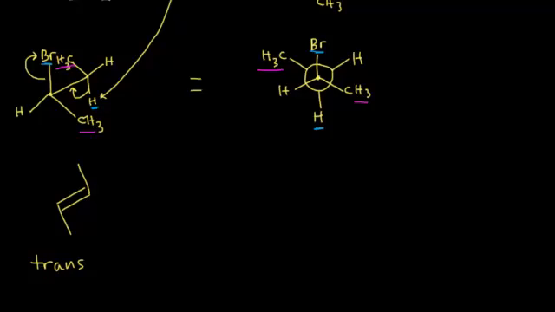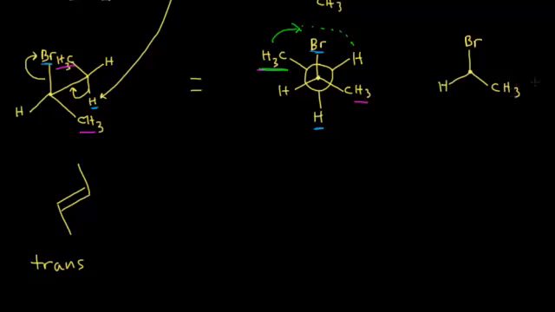If I wanted to show this methyl group right here, I'm just going to rotate the back carbon. So I'm going to move this methyl group over here to this position. Let's go ahead and draw what that would look like. I'm going to keep the front carbon still. So I'm going to draw in my bromine here, and then my hydrogen, and then my methyl group, like that.